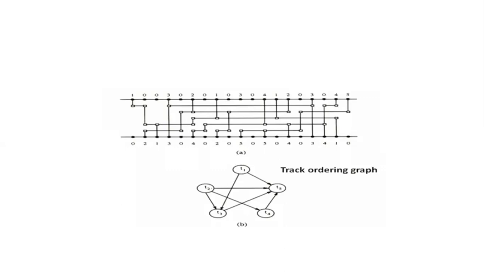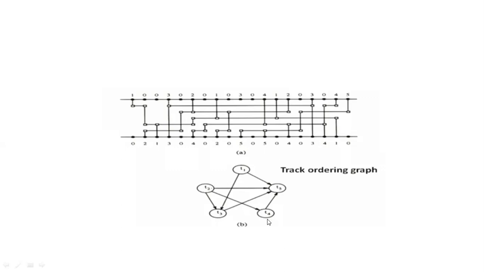How this track ordering graph is made is basically you use the Yoshimura-Ku algorithm once again. This is pretty straightforward. From this you can see T1 can go first, or T2 can go first, and there is no overlapping dependency between T1 and T2.